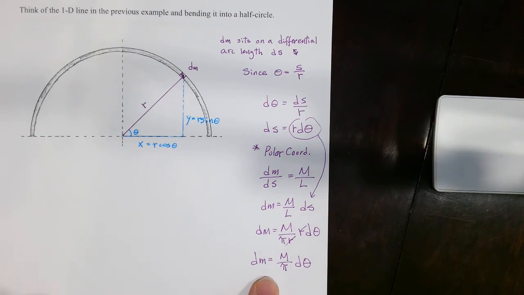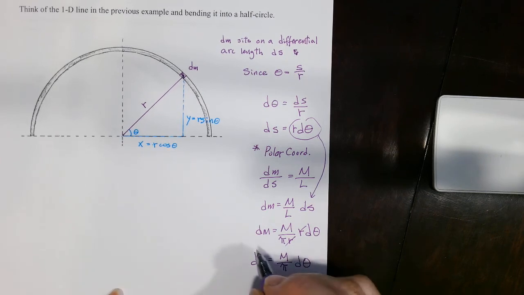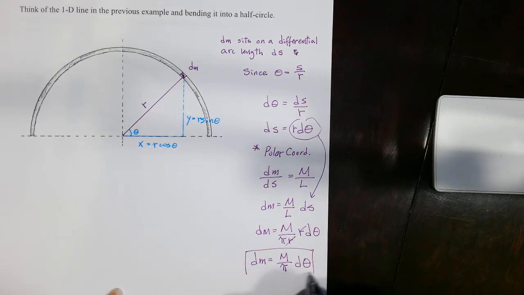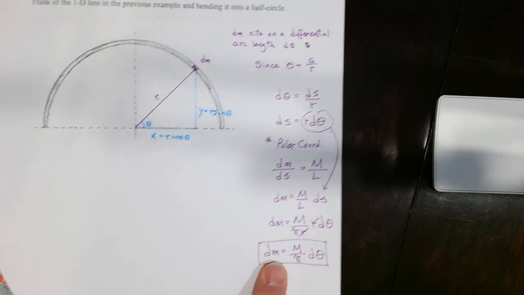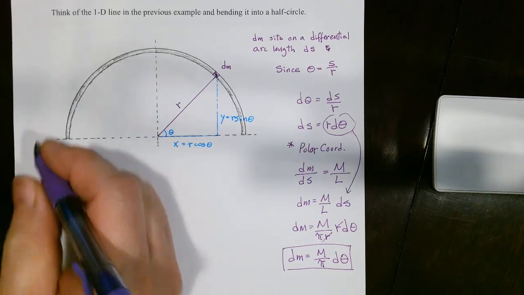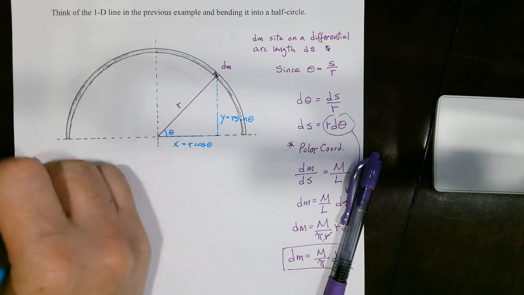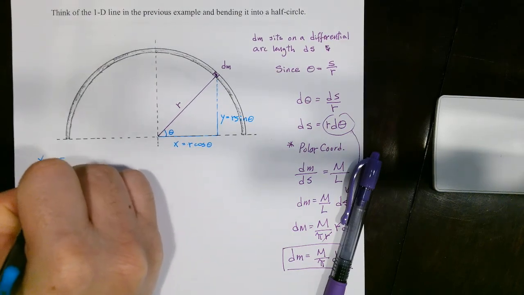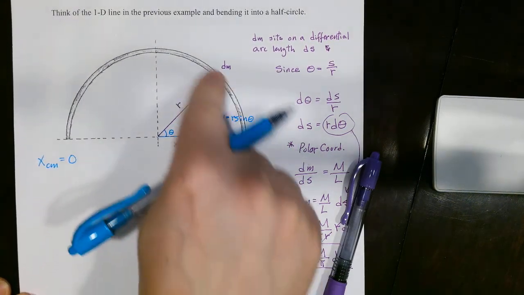This is only true for this problem, so you cannot use this as a general equation. Every time I see a dm, should I be using this? No. Make sure you understand that. So we shall substitute this for my dm in my general equation. We already established that x sub cm is equal to 0 from the symmetry of this.